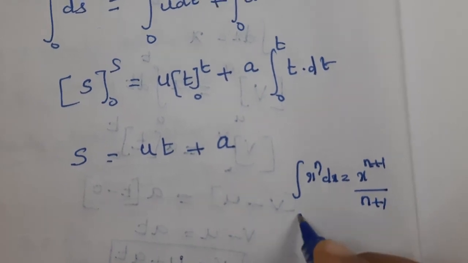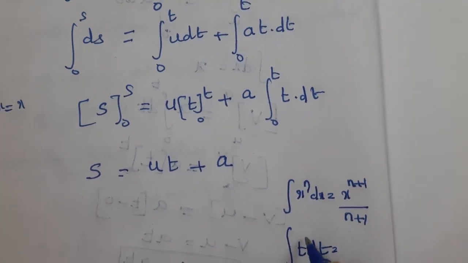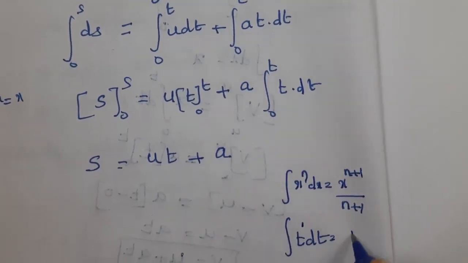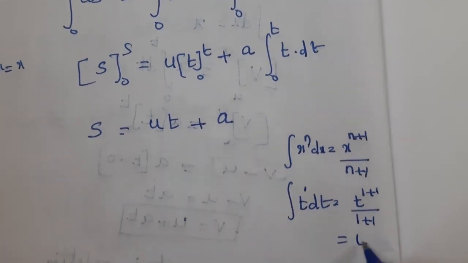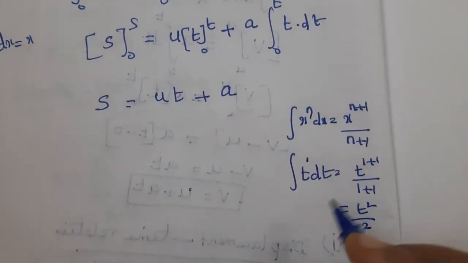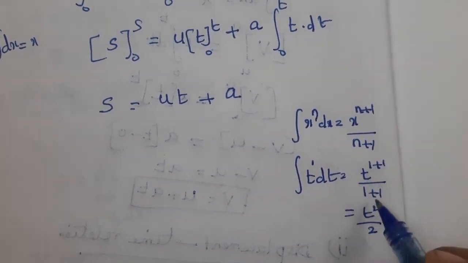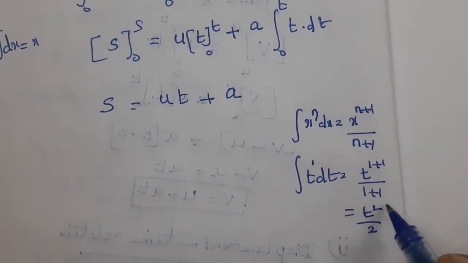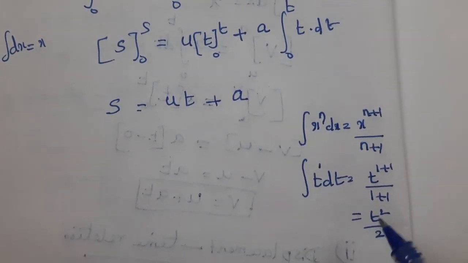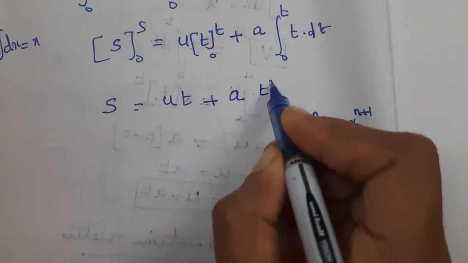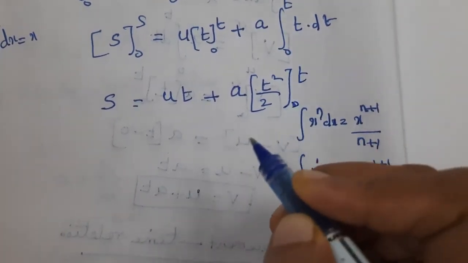Similarly, here integral t dt, that is t power 1 dt, is t power 1 plus 1 by 1 plus 1. So, we can write t square by 2. So, apply this here: a into t square by 2 and the limit 0 to t.